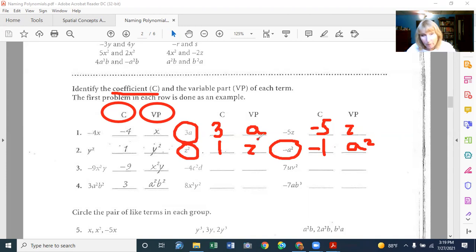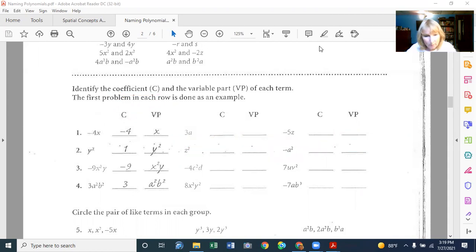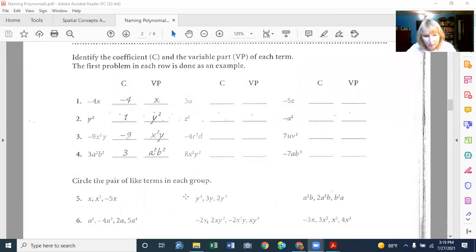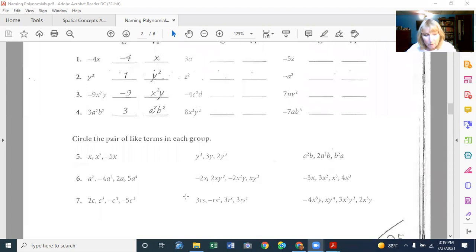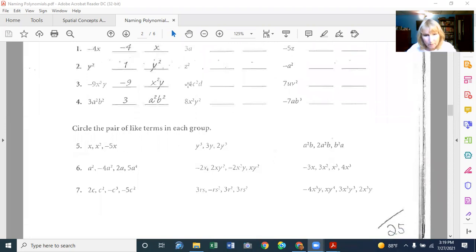So always remember that there's that 1, or if it's a negative sign, there's that -1 in front of the variable. It's assumed to be there, they just don't write it. Okay, so that's the top part there. The bottom of this page, you have to find polynomials that are exactly alike. And you have to be very careful on these because they have to be exactly the same.